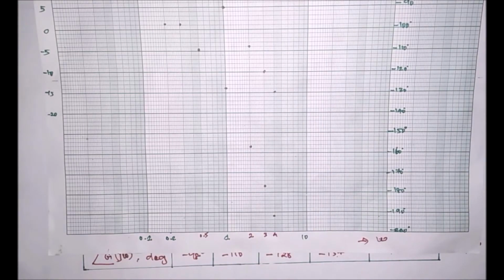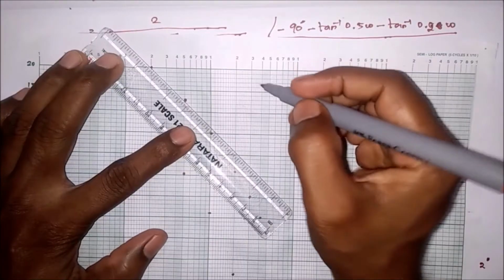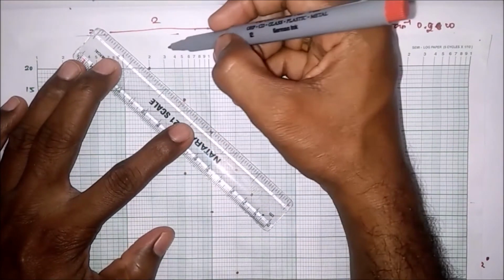Now we can draw the phase plot and the magnitude plot. To draw the phase plot, simply we have to connect the points. For the magnitude plot, we also have to connect the points.